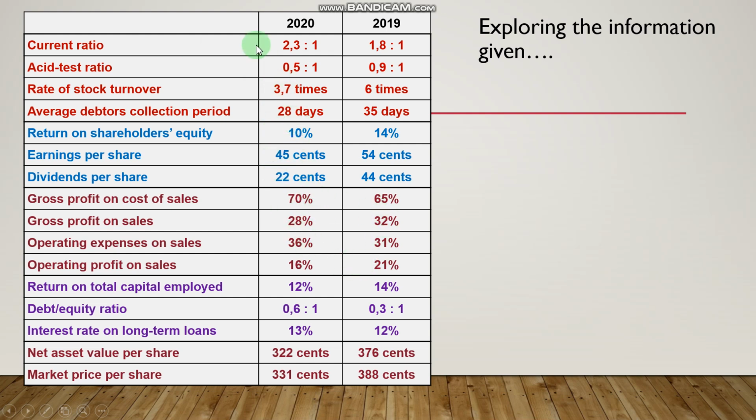Okay, what I've done here is put them close by so they are linked. Sometimes they're not linked, they're a little more tricky. You need to assess exactly which ones belong to which category. So what did I do here? I've got current ratio, acid test ratio, the rate of stock turnover, or sometimes stock turnover rate, and the average debtors collection period. So I've given you 4 financial indicators from the one category.